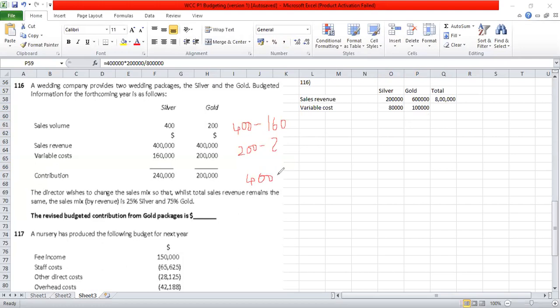Because our adjusted is 6 lakhs. This is 200. So 600. So 600 into what did I type? So 600. What not figures I wrote? This is 400.